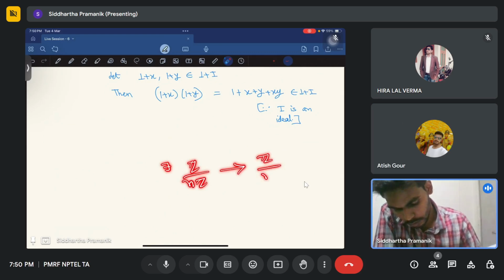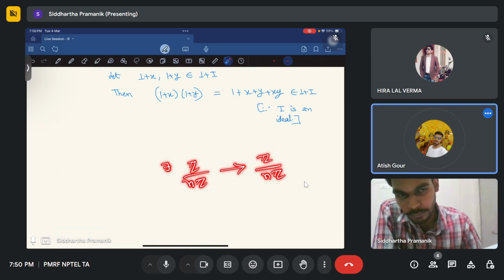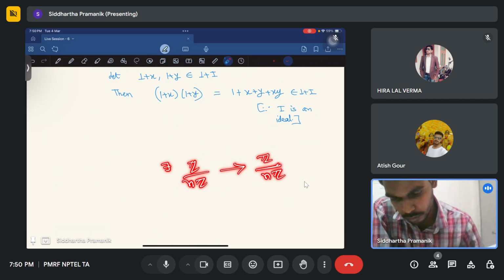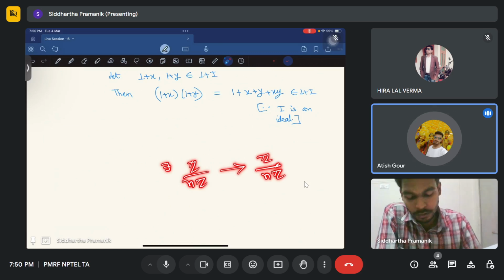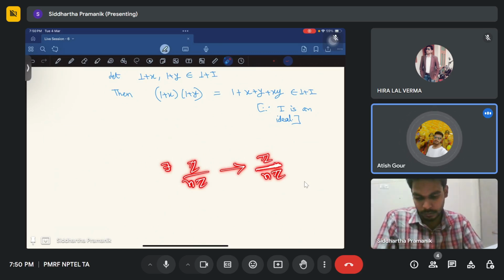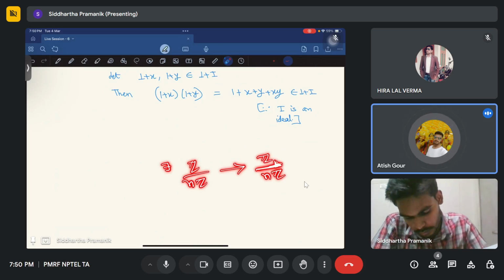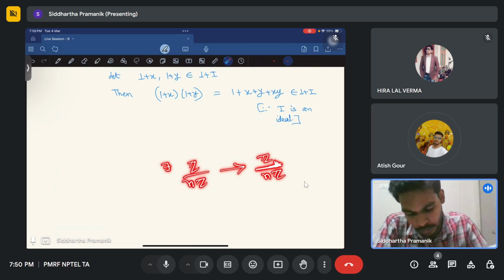So this is not related to local rings, I think. That definition is given for the other options also, maybe the third and fourth options, and these two are independent of that definition.